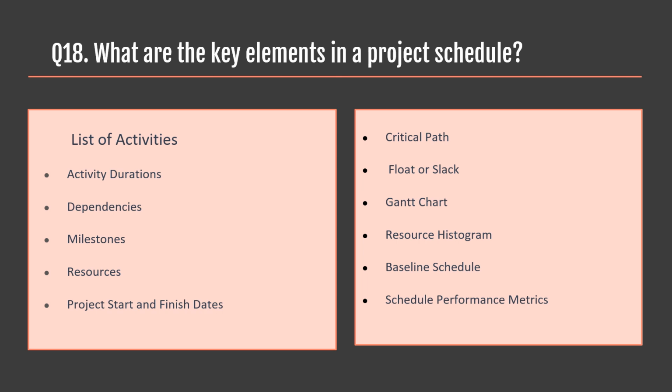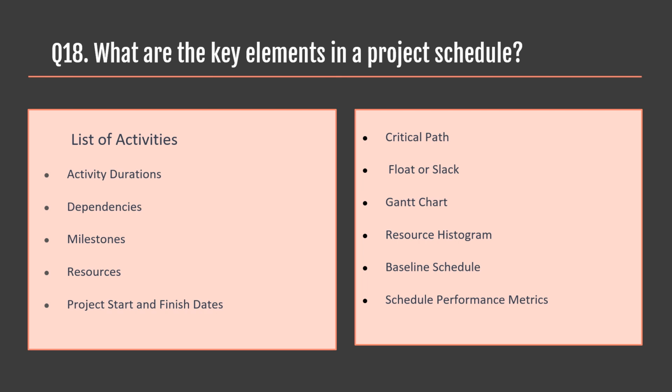Critical path. She mentioned the sequence of activities that determined the project's overall duration and had zero float or slack, since any delay in activities on the critical path directly impacted the project's completion time. Float or slack was included. This is the amount of time an activity can be delayed without affecting the project's overall duration.